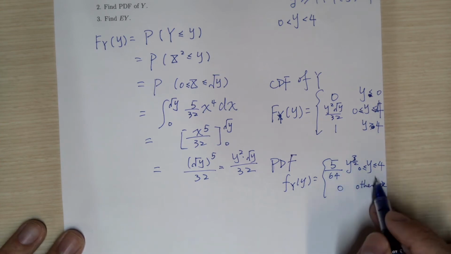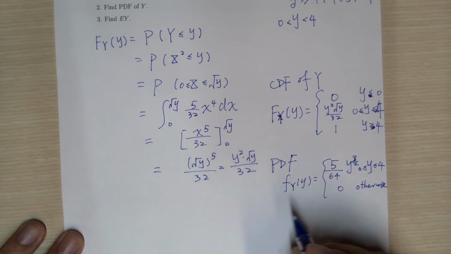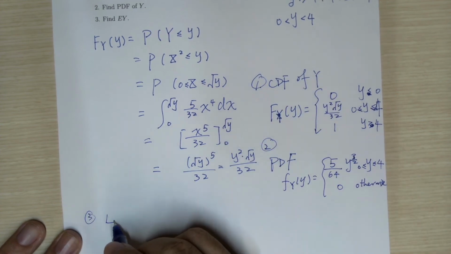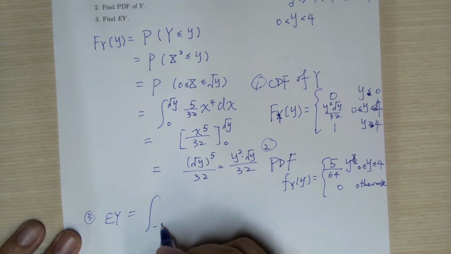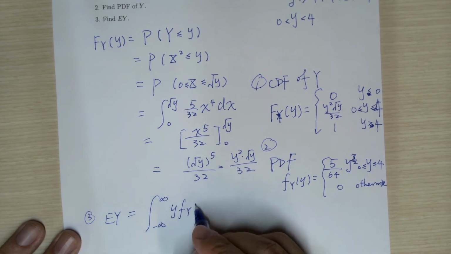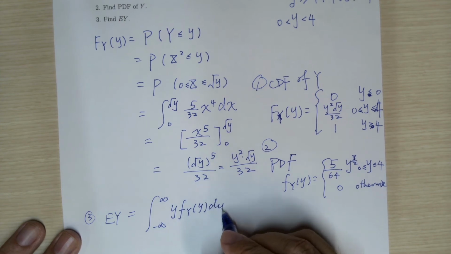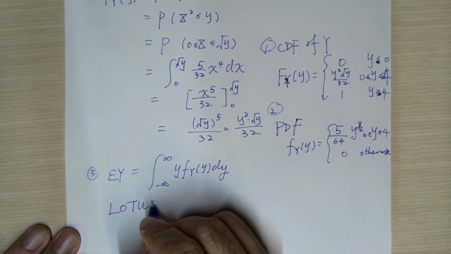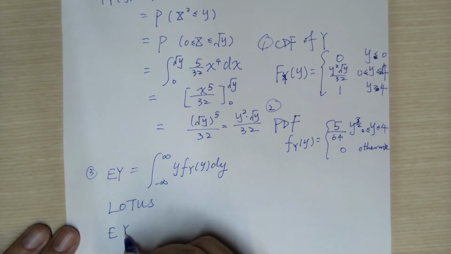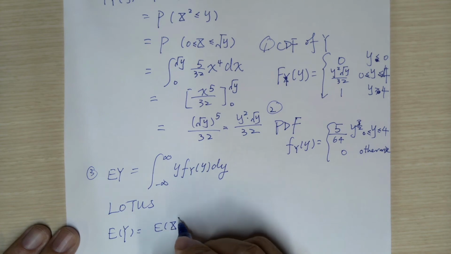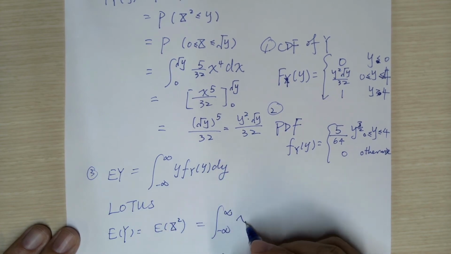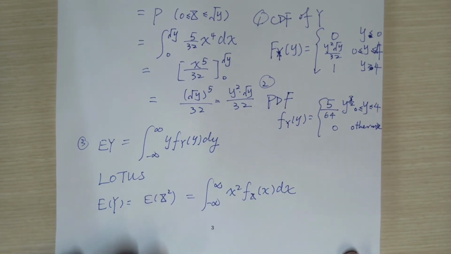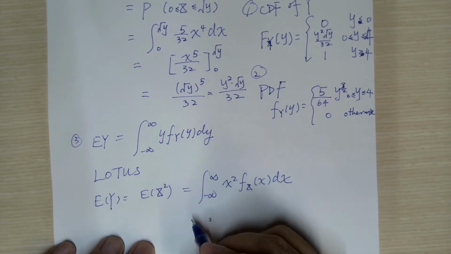You can either integrate it based on these pieces, or you can do it through the LOTUS, which is E of Y equals E of X squared, the integral of x squared times f of x dx.